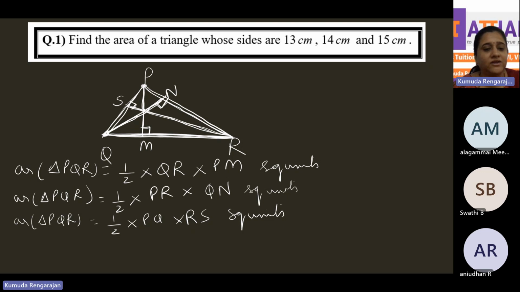Now you can see that the three altitudes of the triangle are concurrent. Concurrent meaning they pass through the same point.